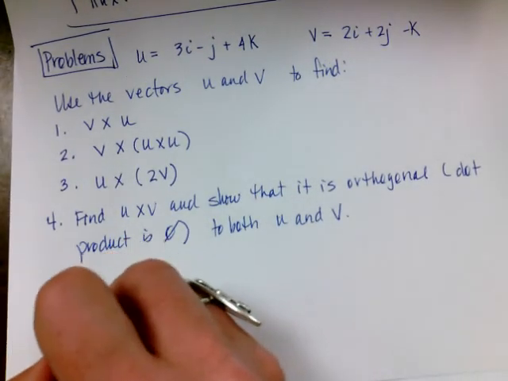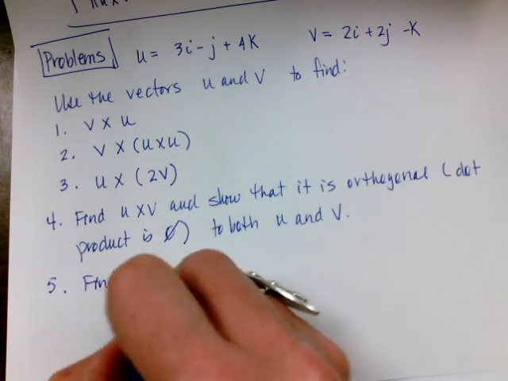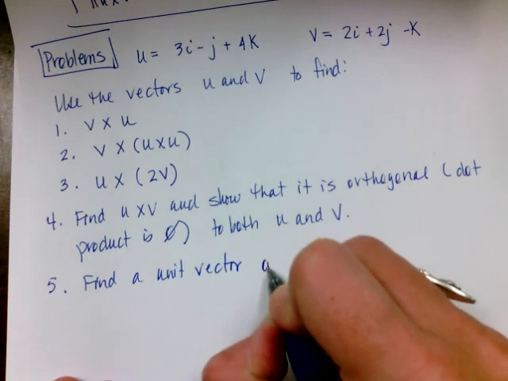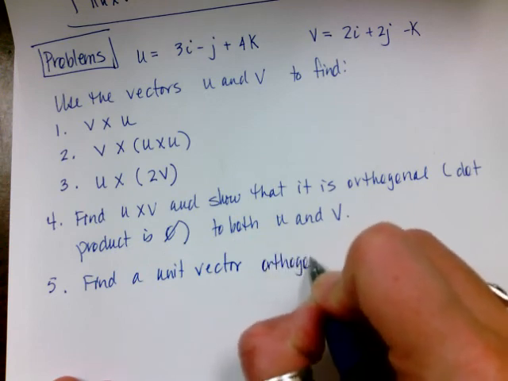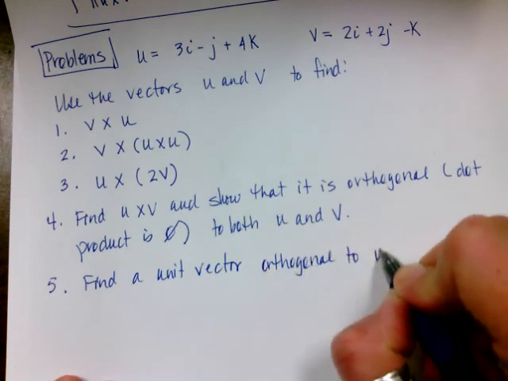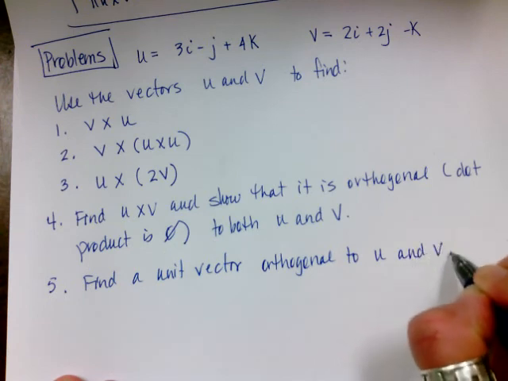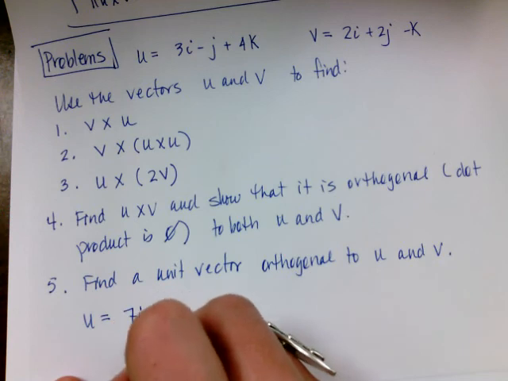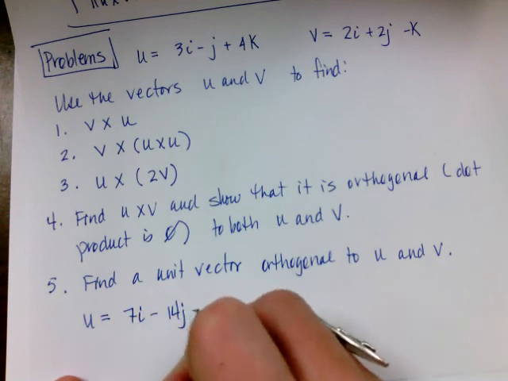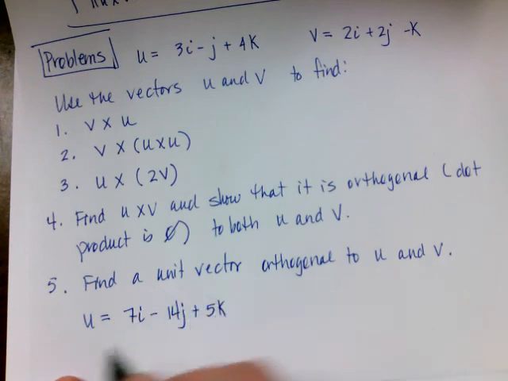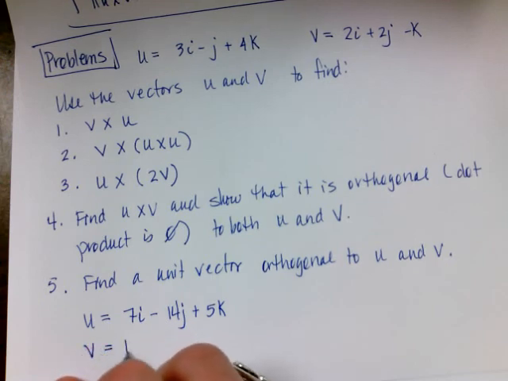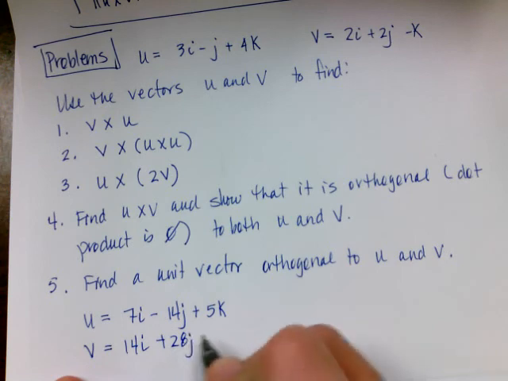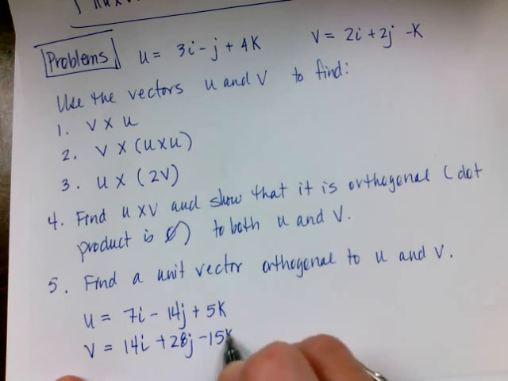Alrighty, last problem. Problem number 5 says find a unit vector orthogonal to u and v. And I'm going to give you that u is equal to 7i minus 14j plus 5k, and v is going to equal 14i plus 28j minus 15k.